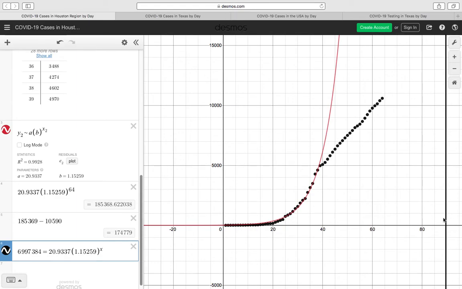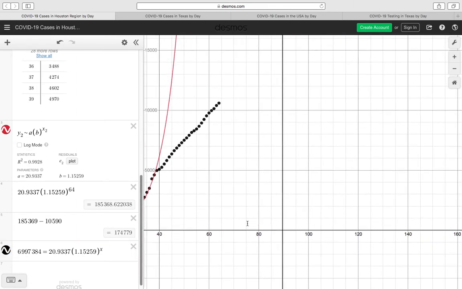Now, remember that calculators like to be weird about how they solve for X and things. So I plugged in, instead of Y, this number, the total population of the Houston region. And I'm looking for this guy. So wherever it touches the X-axis will be my answer.